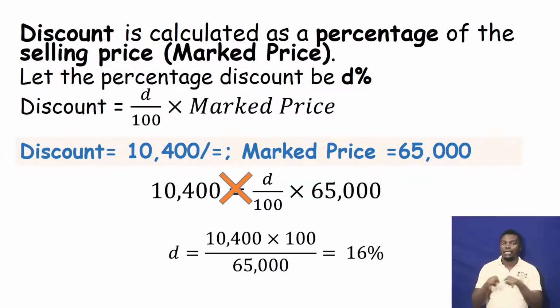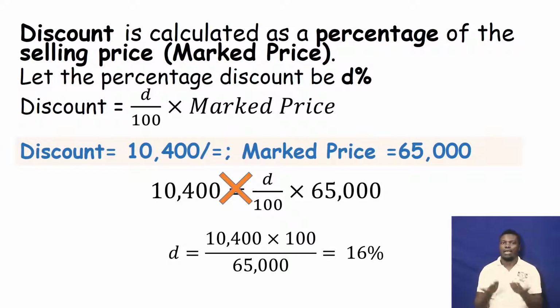On the left, we do not have a denominator. But any number that does not have a denominator means that it can be divided by 1 and you remain with that number. Any number divided by 1 gives you that same number. So we are going to take our denominator of 10,400 to be 1.